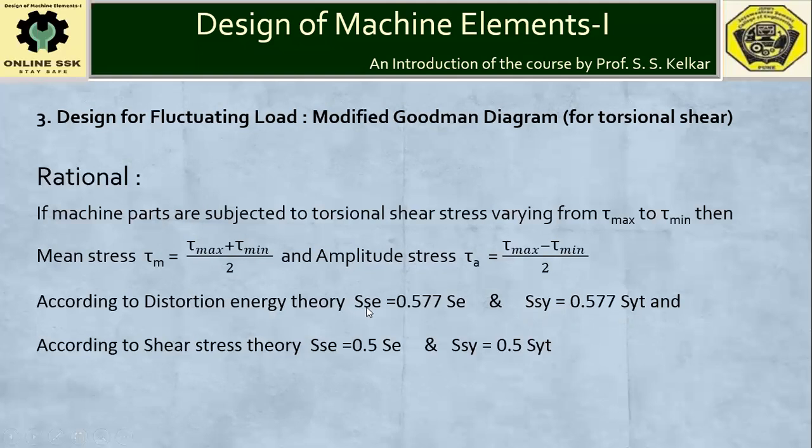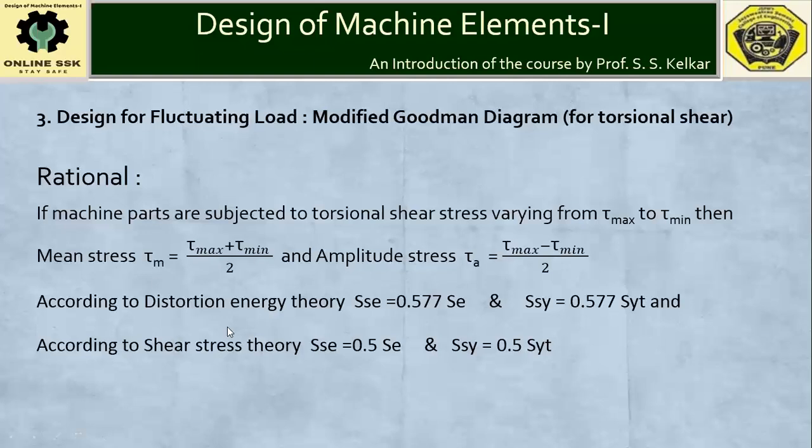Now, how to calculate the endurance shear strength and shear strength of the material of the machine part, that we are going to discuss now. There are two different theories based upon which the values of endurance shear strength and shear strength of the material are calculated.